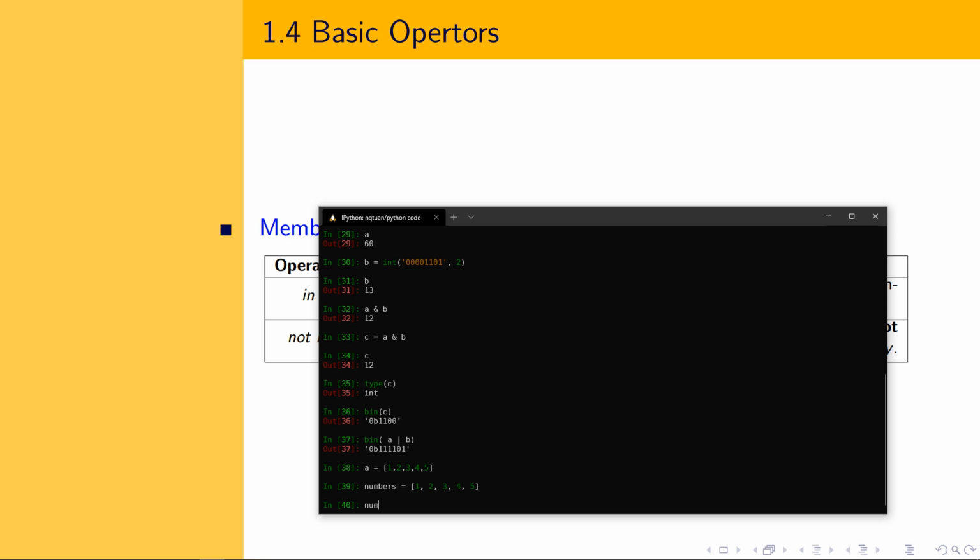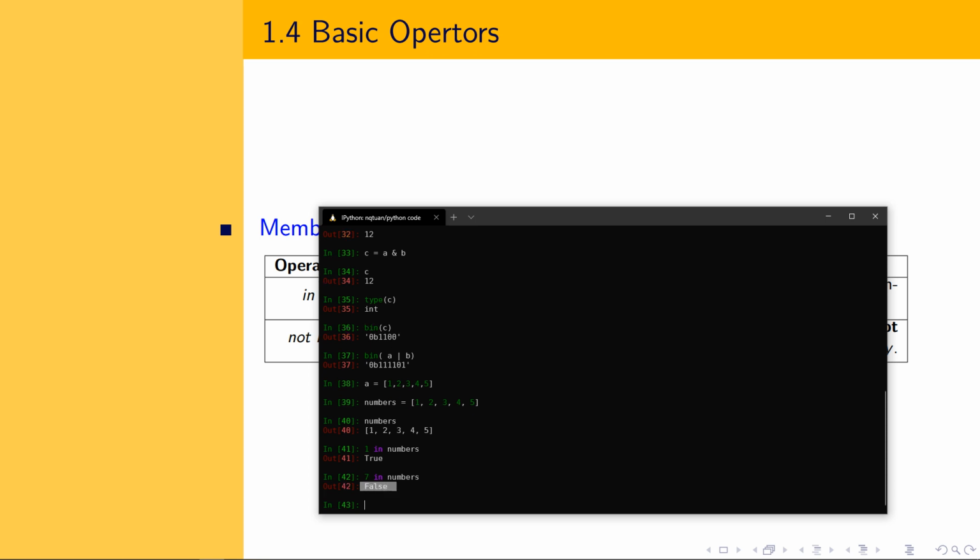Then you can test, for example, 1 in the numbers, and you see that it's true because 1 is in the list, right? And you can test 7 in the numbers, you see that it's false.